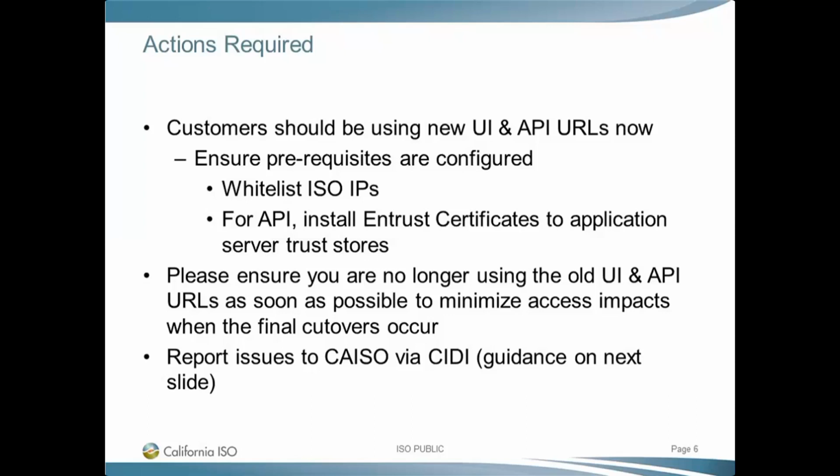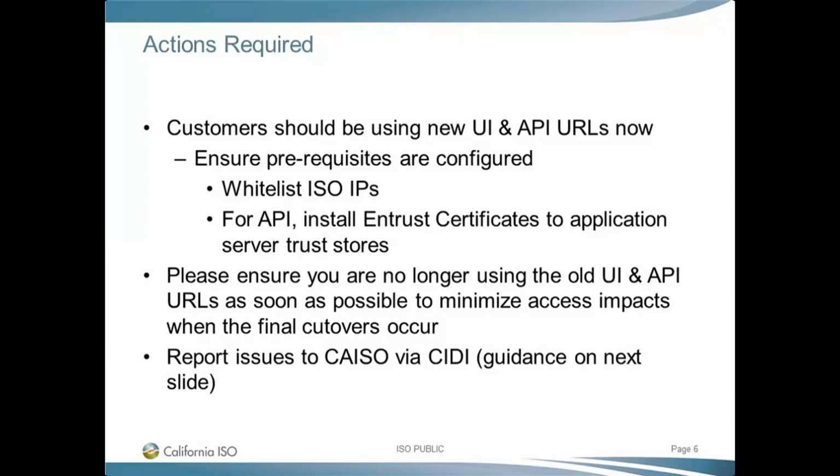That includes making sure that your prerequisites are configured for accessing the new UIs and the APIs, including a couple that I listed there: whitelisting our IP addresses, as well as installing some Entrust certificates for those accessing via the API.